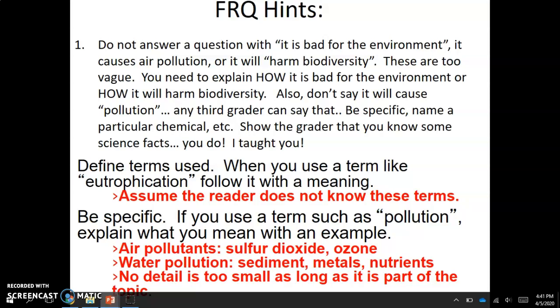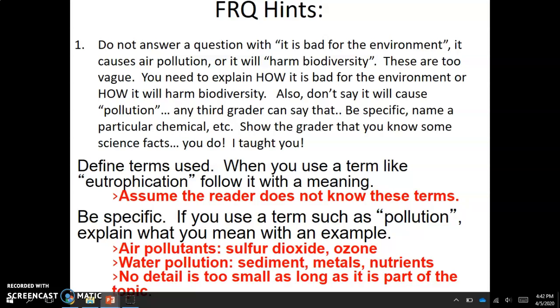And if you're going to use acronyms for something, like if you were going to say carbon dioxide, which is CO2, you need to write it out the first time. So you would write carbon dioxide, and then in parentheses, you would write CO2 to let the reader know that CO2 is carbon dioxide. After that, if you're going to mention carbon dioxide again, you can just write it as CO2, but you have to define it the first time.